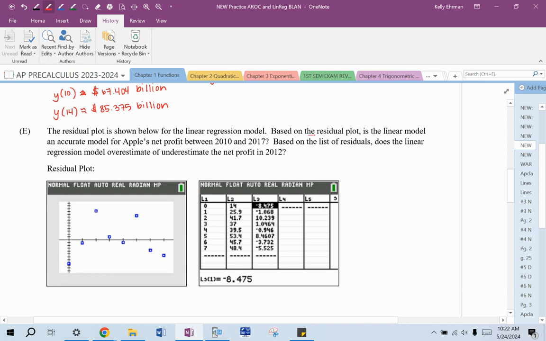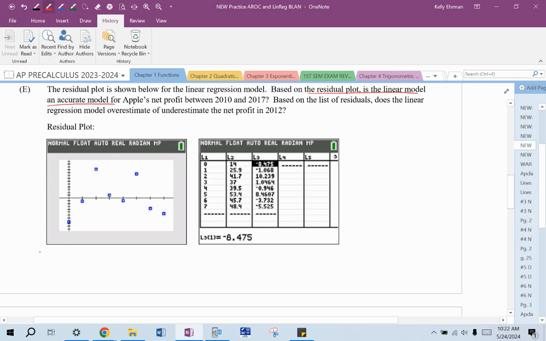So if I'm basing this on the residual plot, is the linear model an accurate model? It's kind of hard to tell with so few data points, but I would say the linear model may not be a good fit because there is somewhat of a pattern in the residual plot.